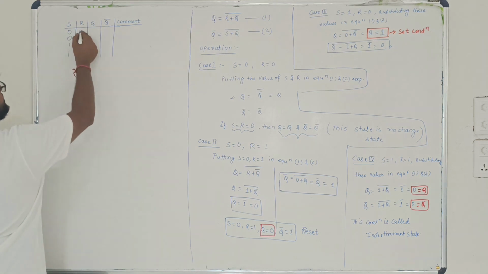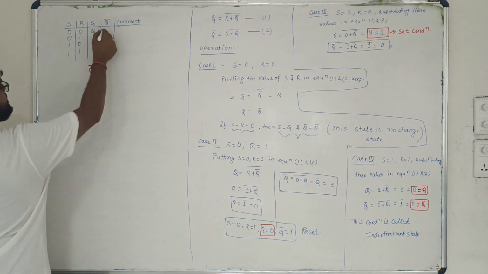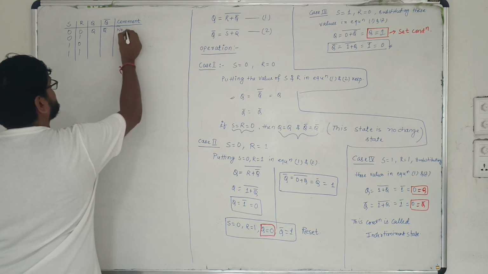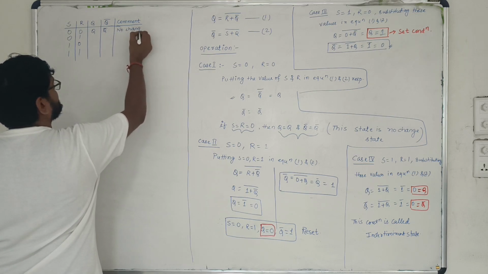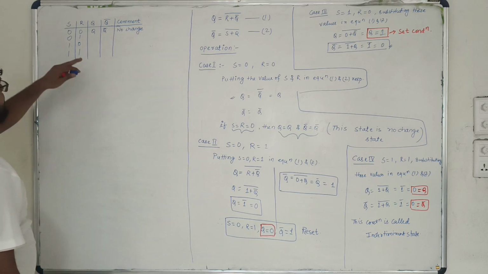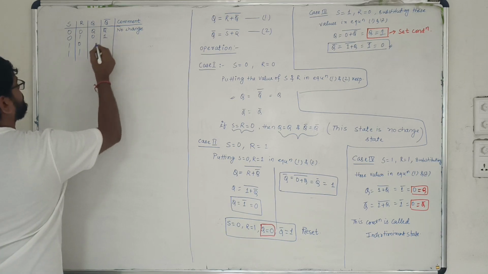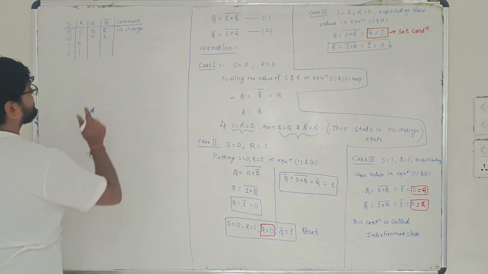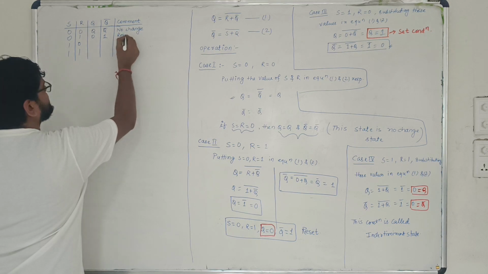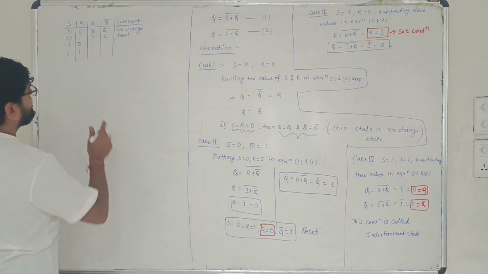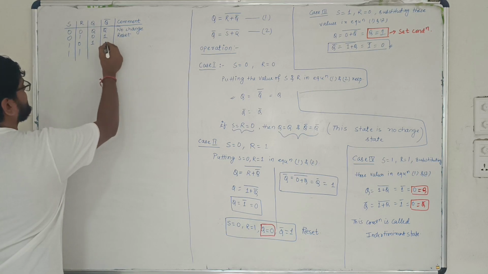So when S equals to 0, R equals to 0, we are getting Q and Q bar unchanged, and we are telling that as no change state. Then for 0, 1, we are getting Q value equals to 0, Q bar value equals to 1, which is called reset condition. For 1, 0, you can observe there we are getting 1, 0.